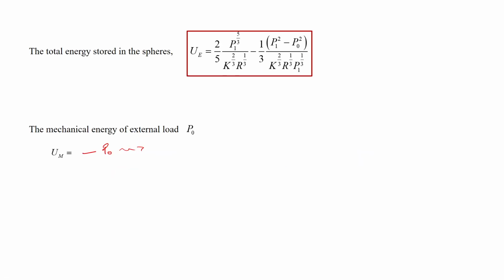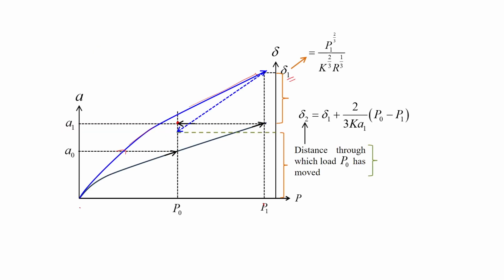Then it has gone to the second state, from delta 1 to this distance, because now the pressure has been decreased to P0. So, the displacement or the deformation has decreased to this value somewhere here. So, this quantity has to be considered.